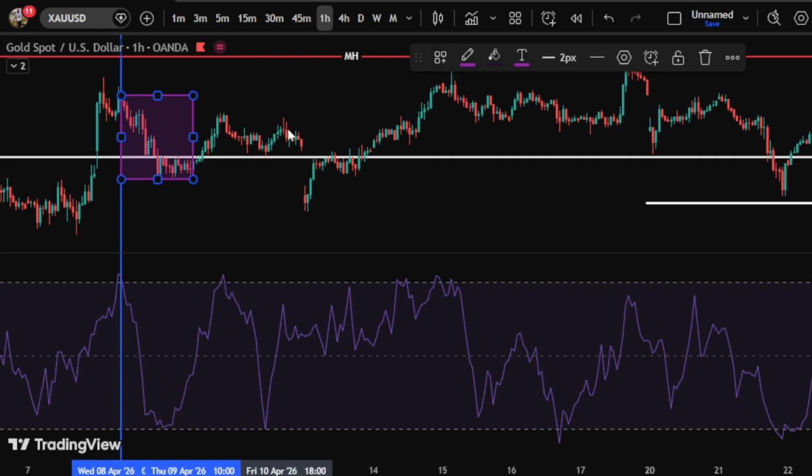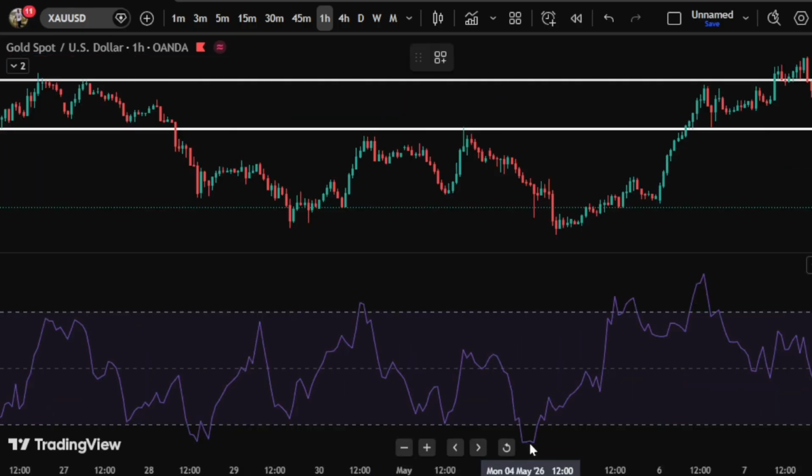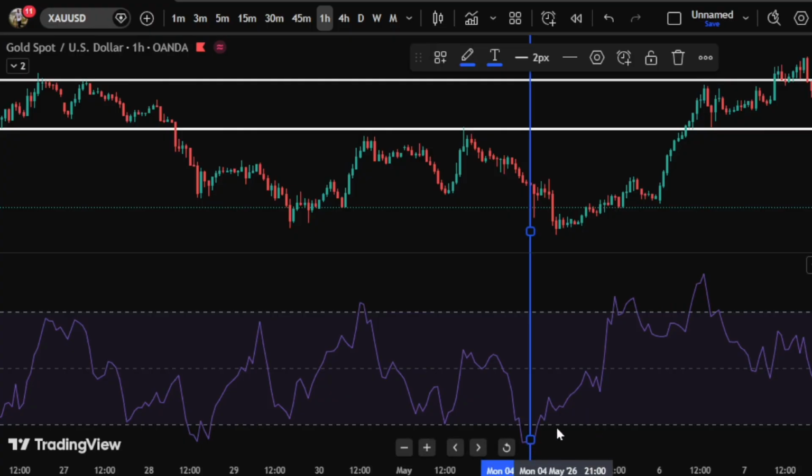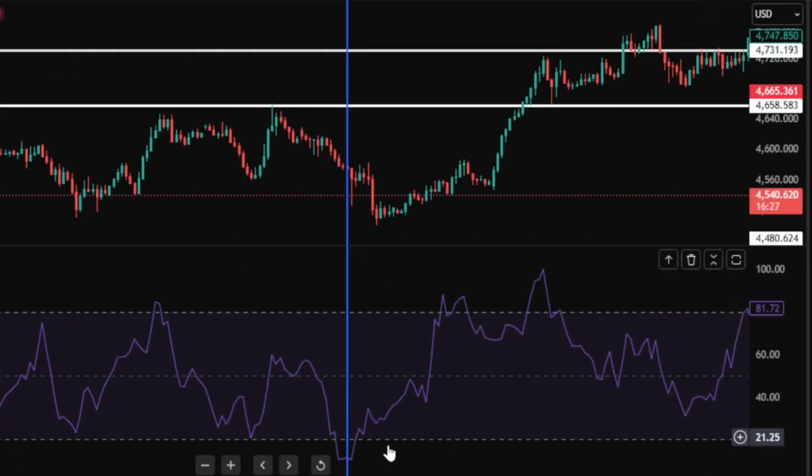The market continued the consolidation state before coming around here to give us an oversold signal. As you can see around here, the market is below 20, which means that the market has already been oversold and it's time to look for a buy signal. So you can see it gave us an early signal, which means that this indicator is a leading indicator and it gave us a leading signal.